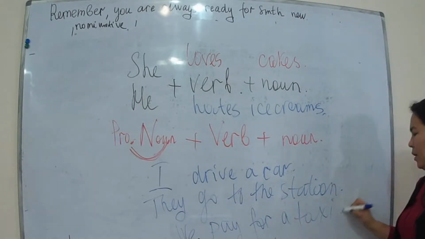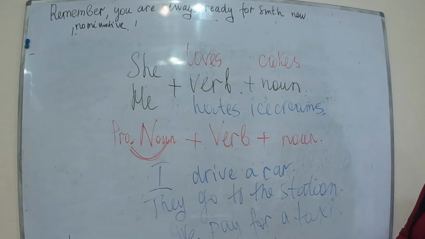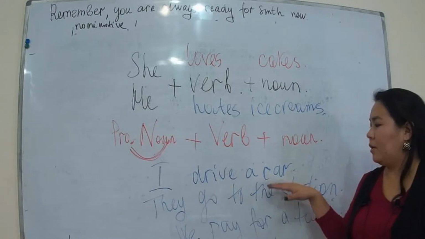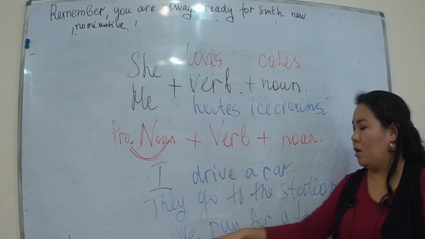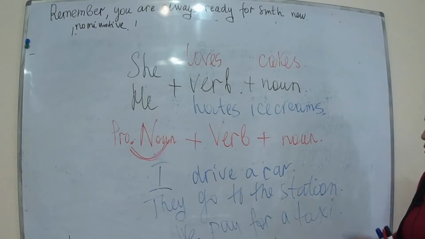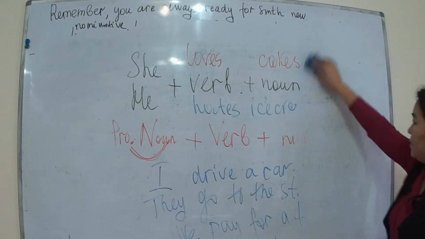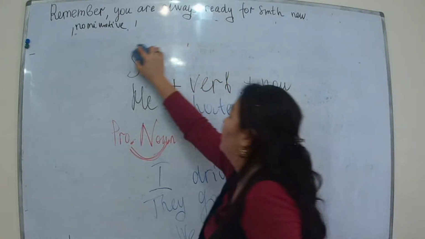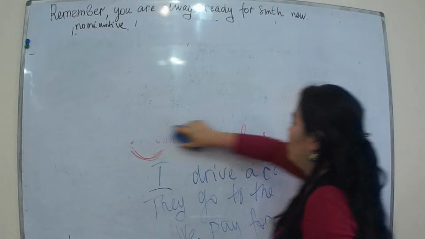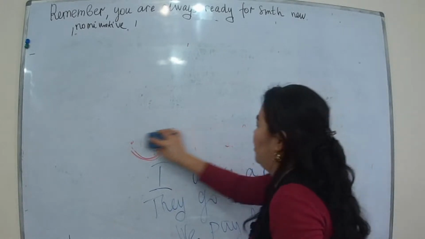And in each of these sentences, we have the logic, pronouns, verb and noun. Pronouns, verb and noun. So it's really easy to complete the sentence when you know the logical construction in the sentence.